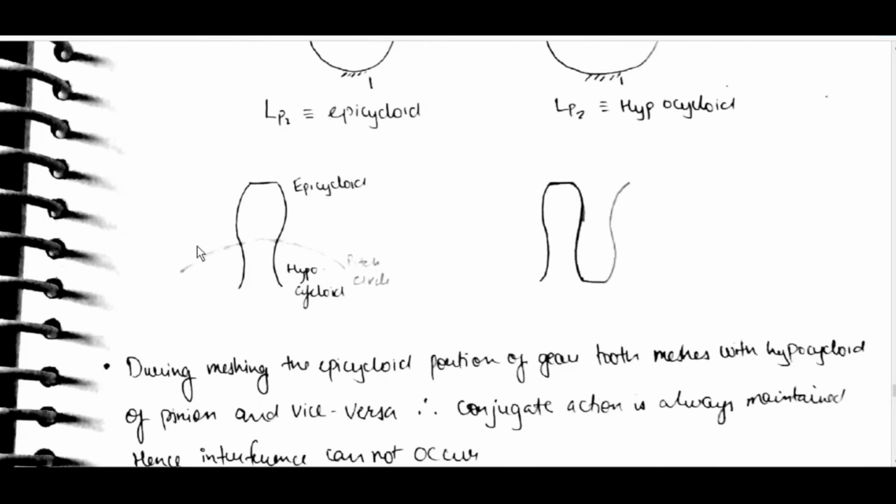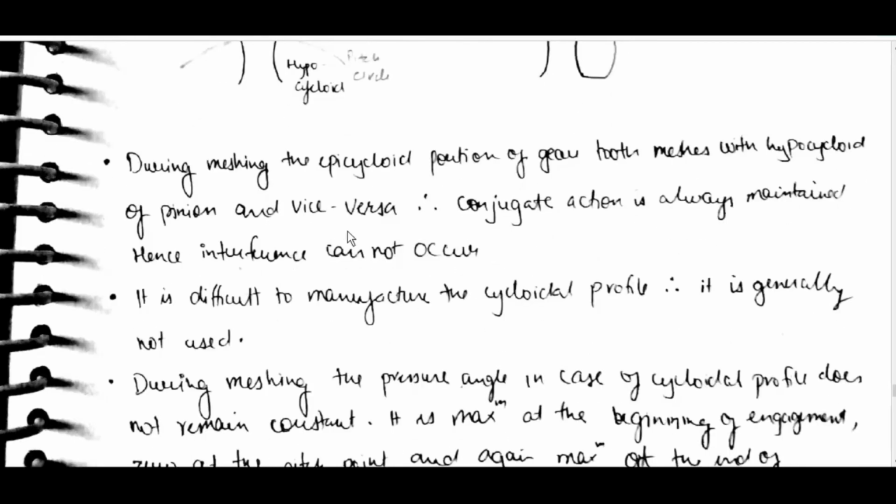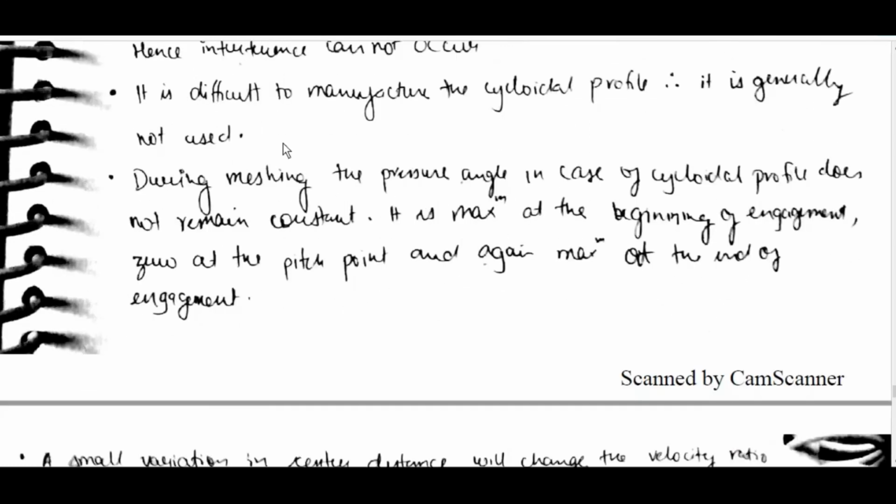During meshing, the epicycloid portion of the gear tooth meshes with the hypocycloid of the pinion and vice versa. Conjugate action is always maintained, hence interference cannot occur. It is difficult to manufacture the cycloidal profile, so it is generally not used. During meshing, the pressure angle in the case of a cycloidal profile does not remain constant.